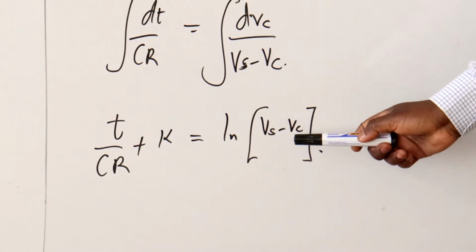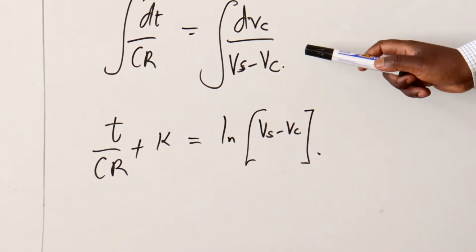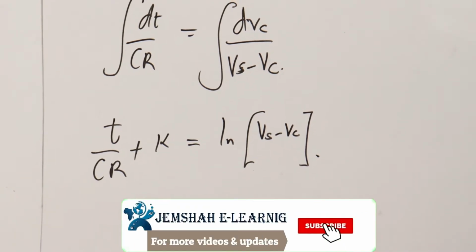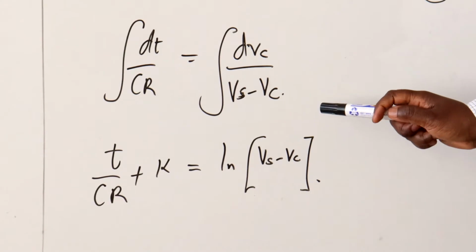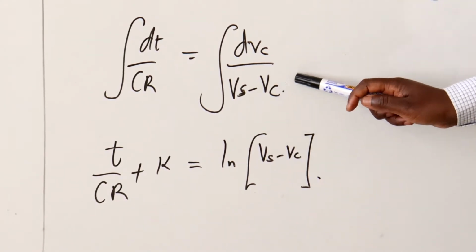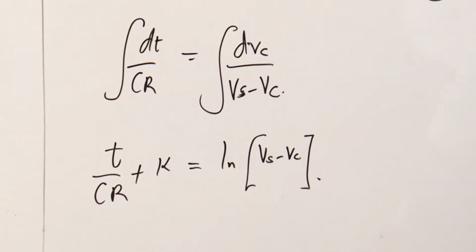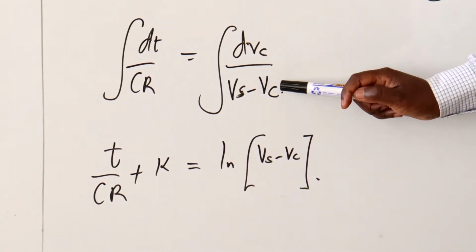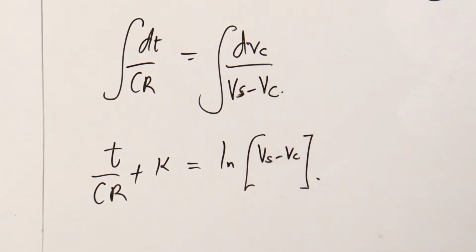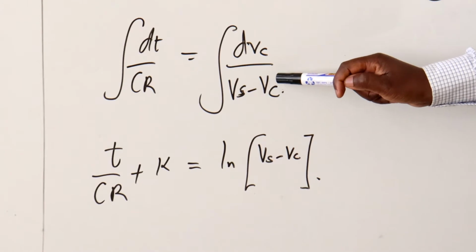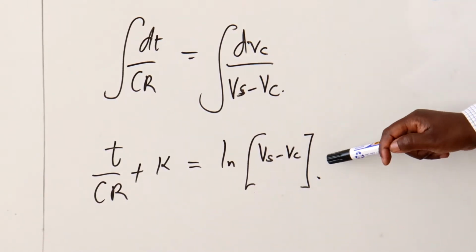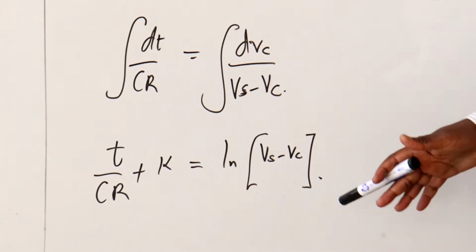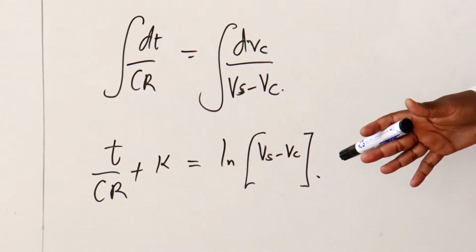To get the ln, when you look at the numerator of the integral, dVC is the differential of VC, and because this part is contained in the denominator, we have an ln, with the power of 1. We shall have the ln of Vs minus VC. From there, we replace the initial conditions.